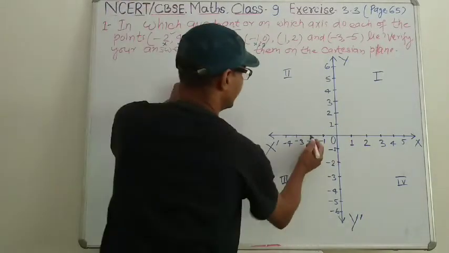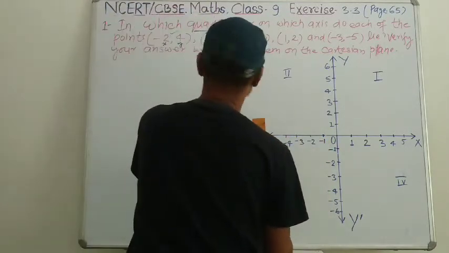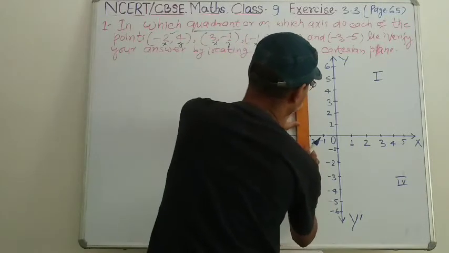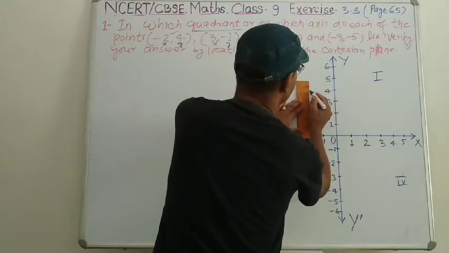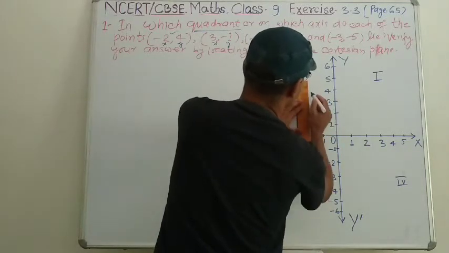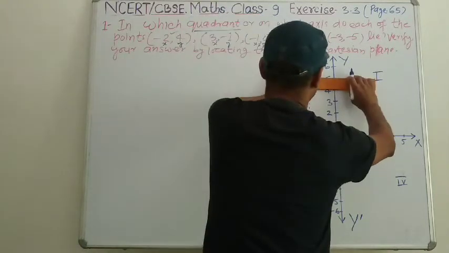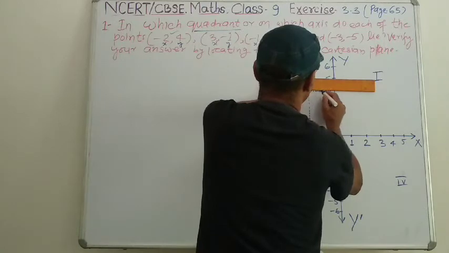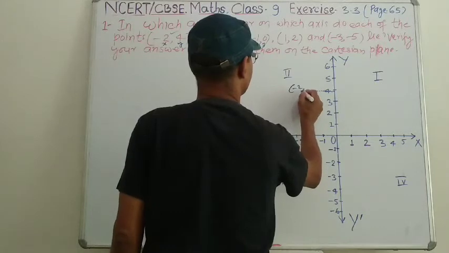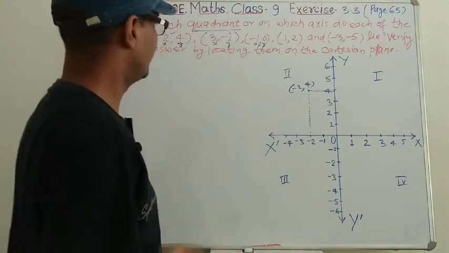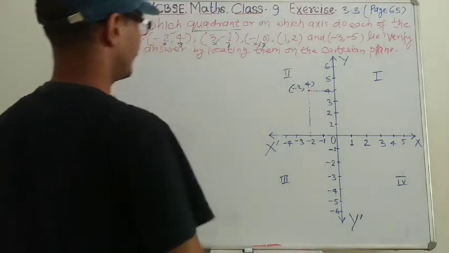So minus 2 is coming here and y is 4. Actually, you can plot it like that too, if you have a problem. So this point is minus 2, 4. Clearly we can tell that minus 2, 4 lies in the second quadrant.